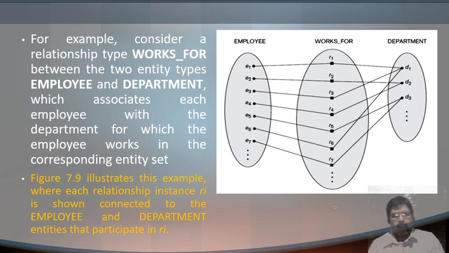If you see this figure, it illustrates that the relationship instance Ri is shown connected to the employee and department entities that participate in Ri.